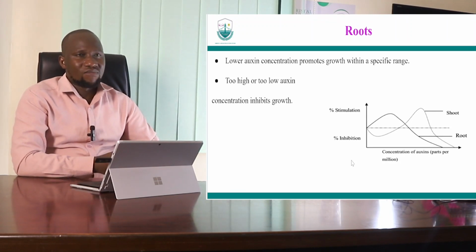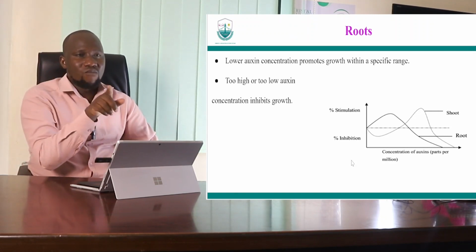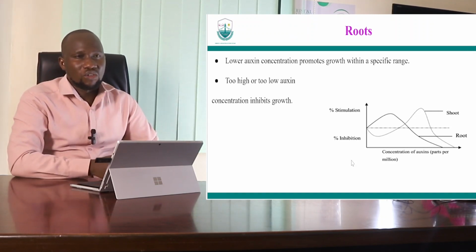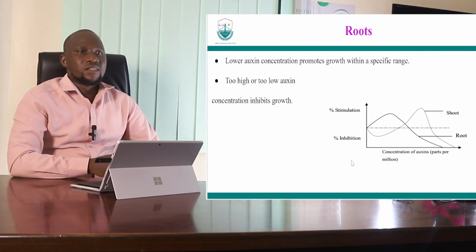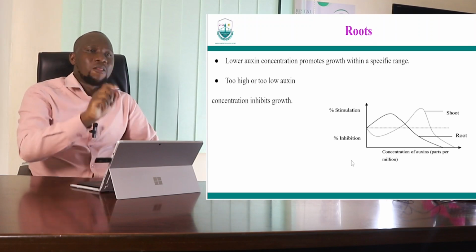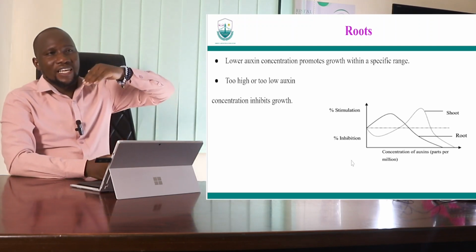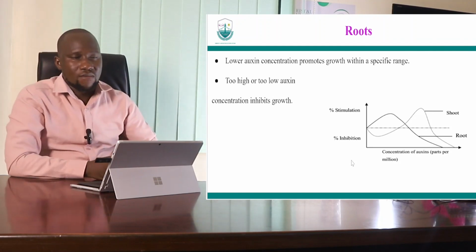The more you increase the concentration of auxins, the more you have growth in the shoot, but you will have growth declining in the root.